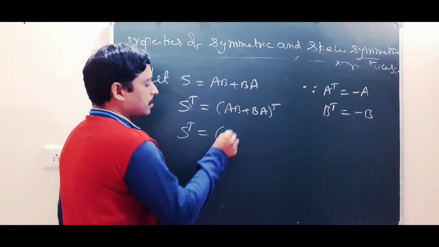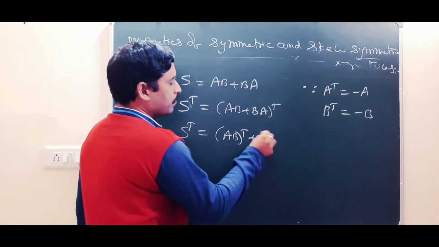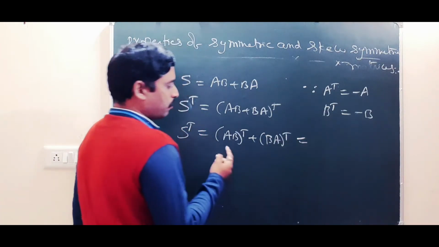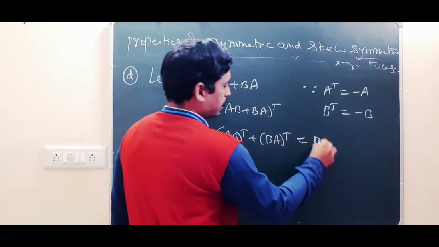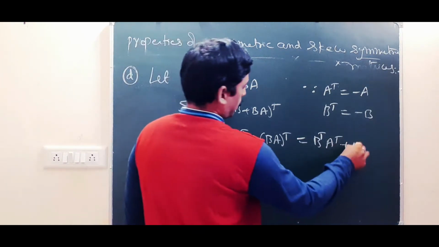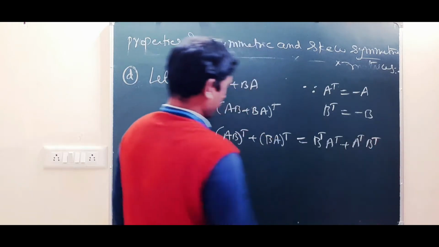This is nothing but transpose of AB plus transpose of BA. Transpose of AB, by the formula, is B transpose into A transpose. This is A transpose into B transpose.